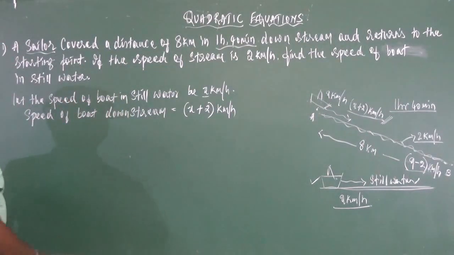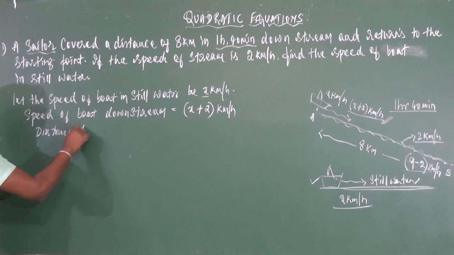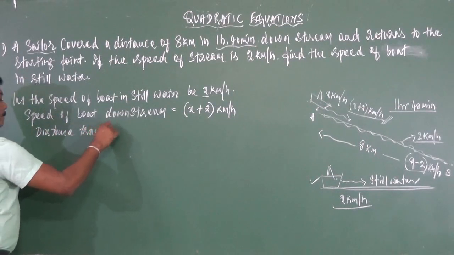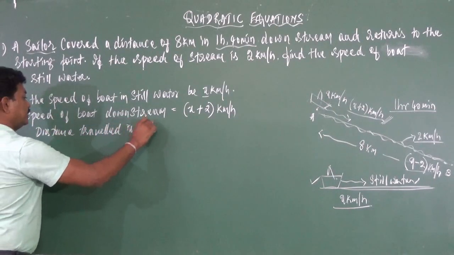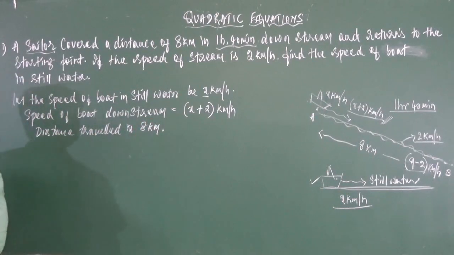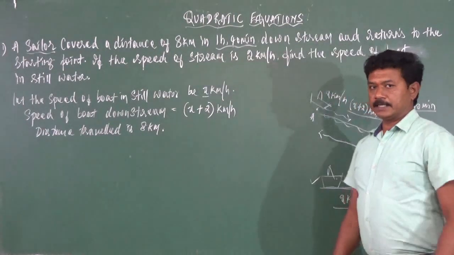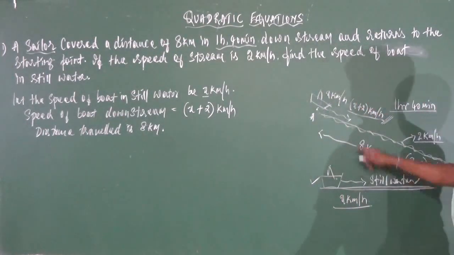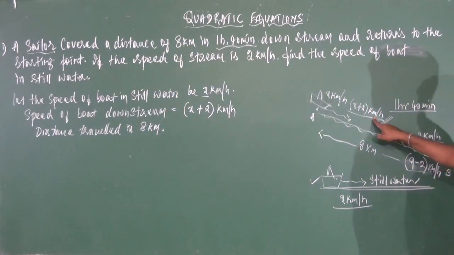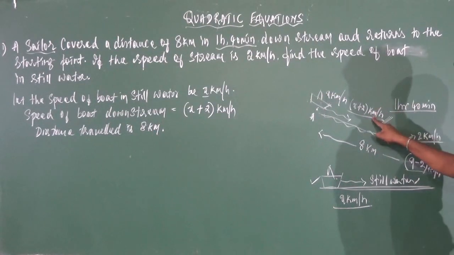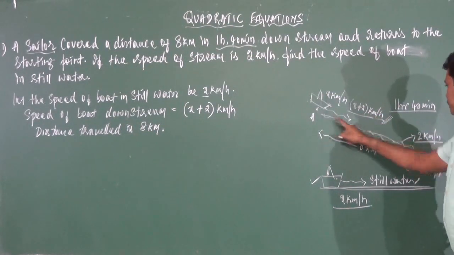Now what is the distance travelled by the boat? The distance travelled is 8 kilometers. So at this moment we have two parameters here: the speed and the distance. Speed is x plus 2 kilometers per hour and the distance is 8 kilometers.